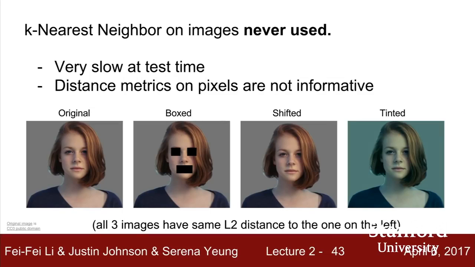Yeah, so the question is, why do these images have the same L2 distance? And the answer is that I carefully constructed them to have the same L2 distance. But it's giving you this sense that the L2 distance is not a very good measure of similarity between images. These images are actually all different from each other in quite disparate ways.